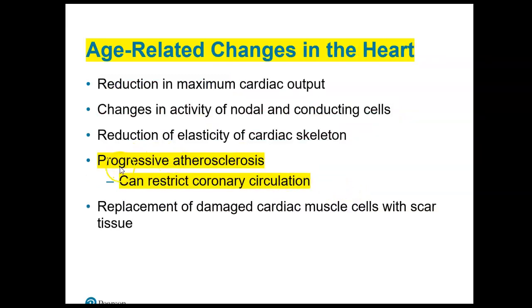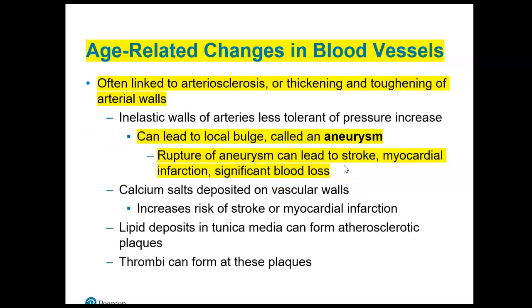And in the heart, we have progressive atherosclerosis, or plaque formation in the coronary arteries. This can restrict coronary circulation and lead to coronary artery disease and heart attack. Atherosclerosis, which is plaque in the arteries, can lead to arteriosclerosis, or thickening and toughening of the arterial walls.